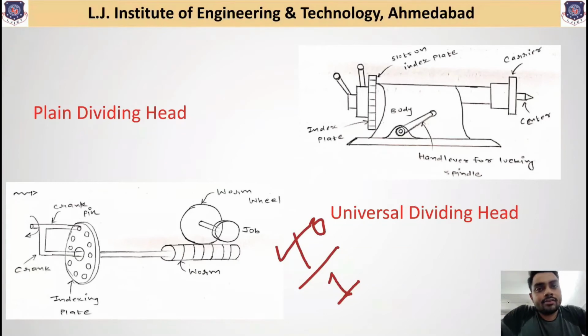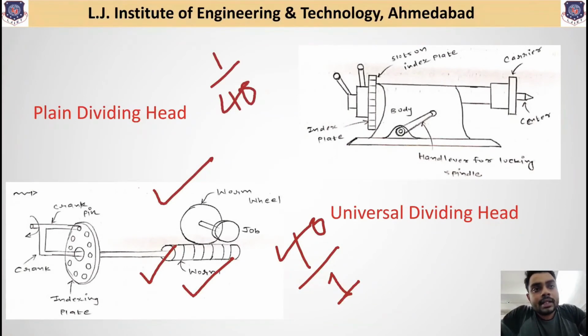That means if this worm completes 40 rotations, after completion of 40 complete rotations of this worm, it results in 1 complete rotation of the worm wheel. That means 1 revolution of the worm results in 1 divided by 40 revolution of the worm wheel.